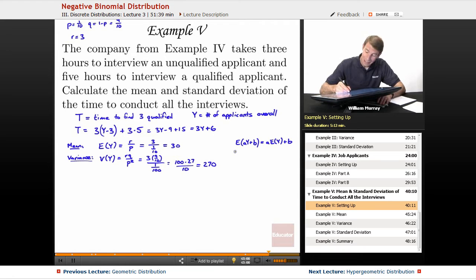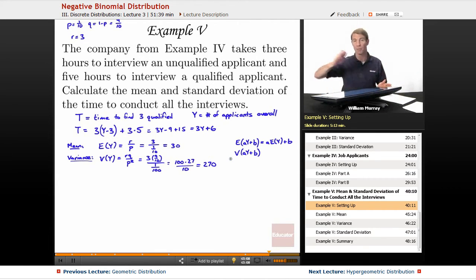Variance is not linear. Variance of aY plus b. The interesting thing is that the b does not affect it at all. Essentially, variance measures how much a variable wobbles. And if you take a variable and just kind of move everything over, that doesn't change how much it wobbles. And so there's no b in the answer. It's a squared times V of Y.